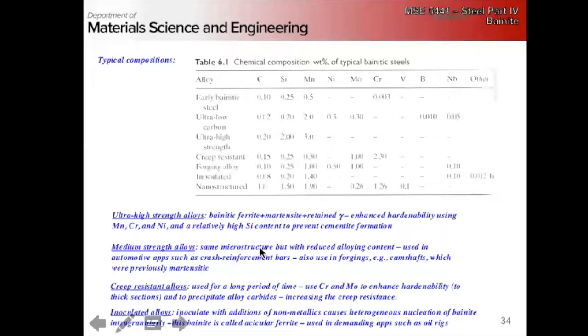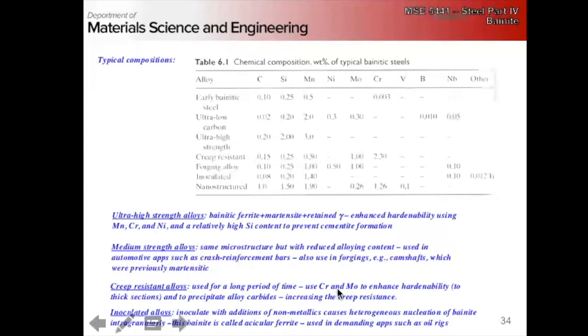Medium strength alloys, which we use in most of our forgings, in camshafts and crankshafts, and crash reinforcement bars, the pillars in door frames and things like that for automotive use, fall into this medium strength alloy regime.